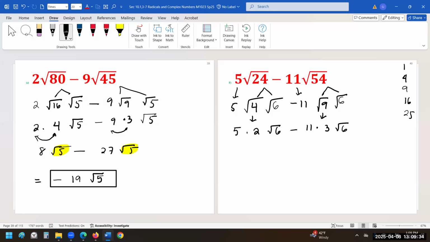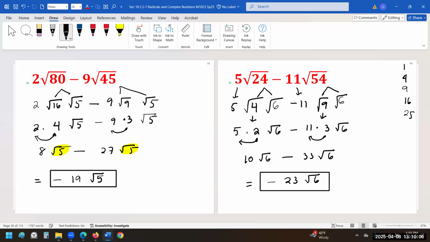So we simplified our radical, and then what? 10 radical 6, and from here 33 radical 6. Total how much? Positive or negative? Negative 23 radical 6. Got it?